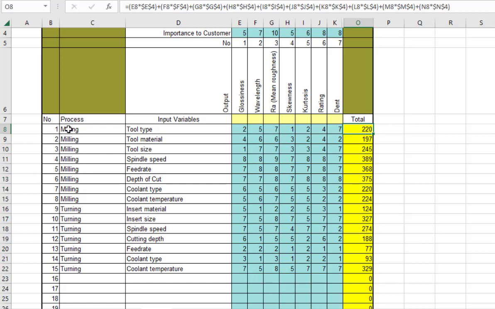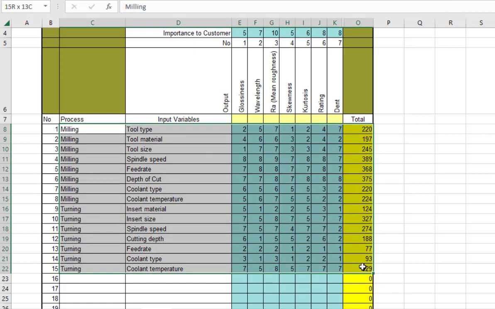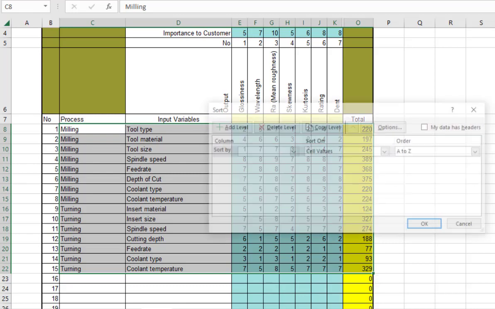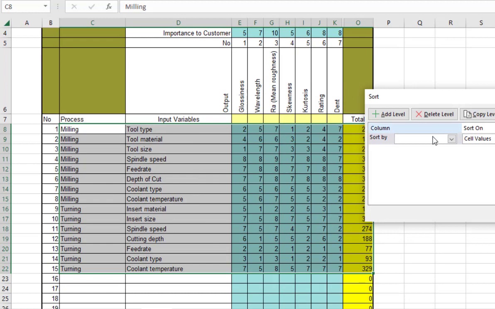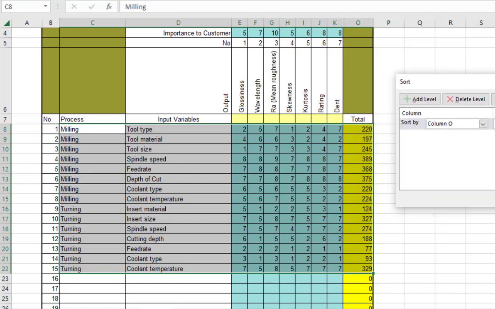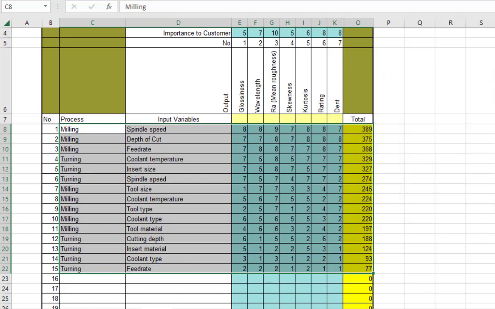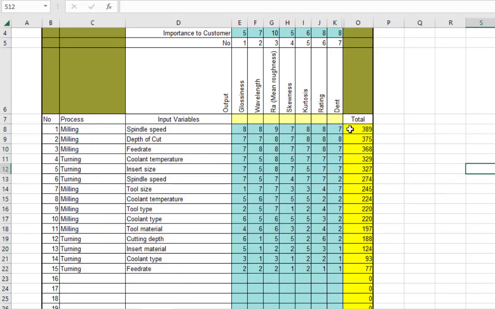So we select the process until the total score, then we sort it, sort by O. O is the total score, from largest to smallest. So we already get the overall rating here from the largest to the lowest.